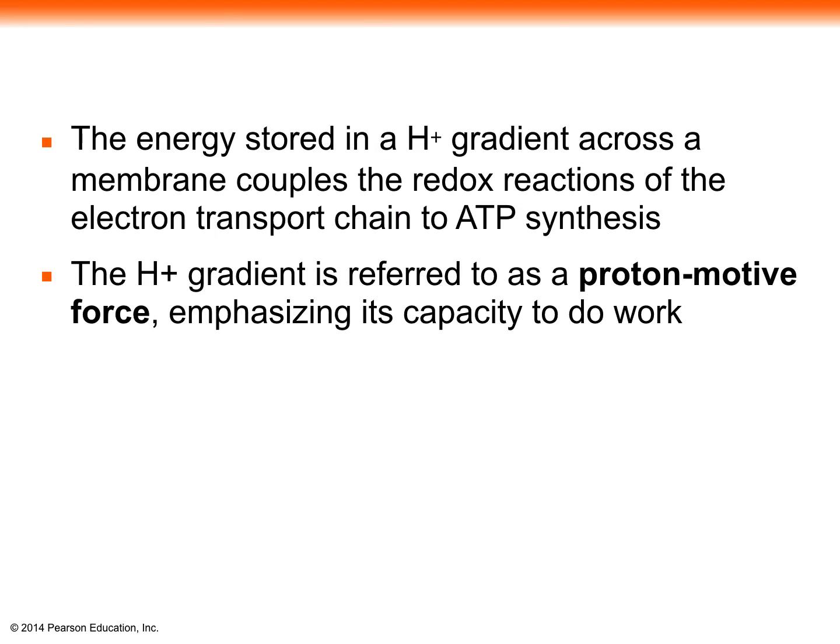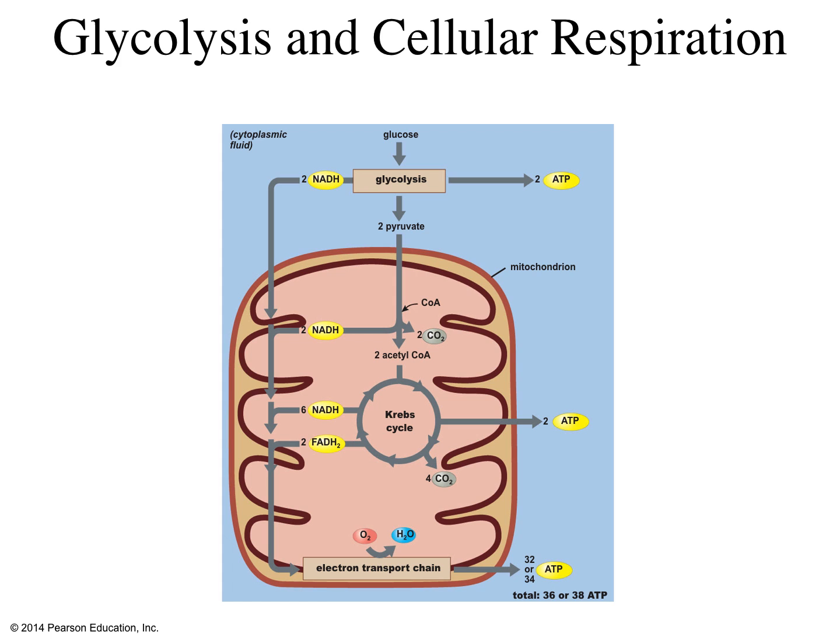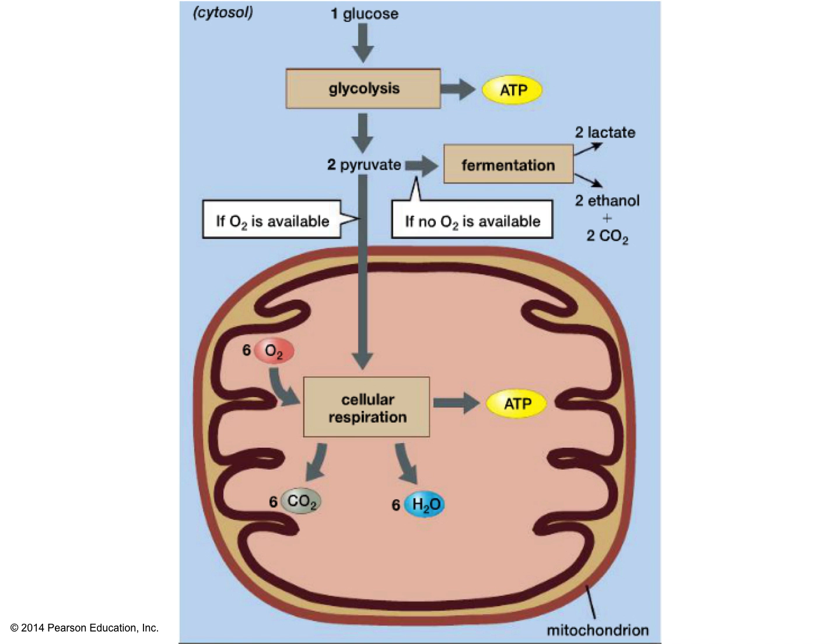Let's take a look at this diagram here. We don't see fermentation here, but on this one we do. Notice fermentation, where does it occur? It doesn't occur inside the mitochondria, it occurs in the cytosol.